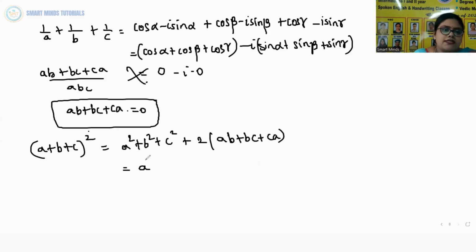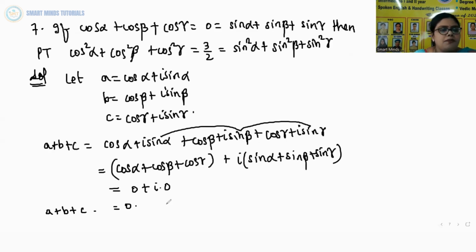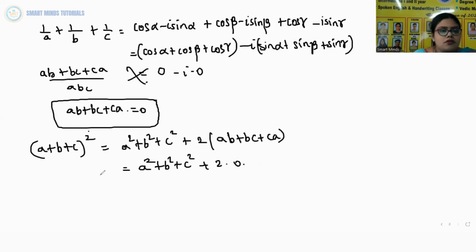So we take this as A square plus B square plus C square plus 2 into 0. And in the beginning we got A plus B plus C also as 0, so the left hand side also I can take 0. 0 square is 0 because A plus B plus C is 0. Now what can I write? A square plus B square plus C square is equal to 0.